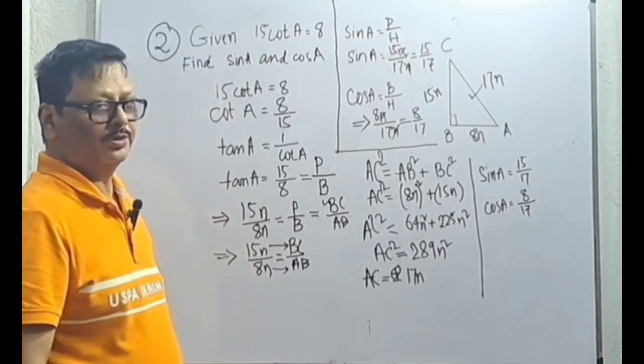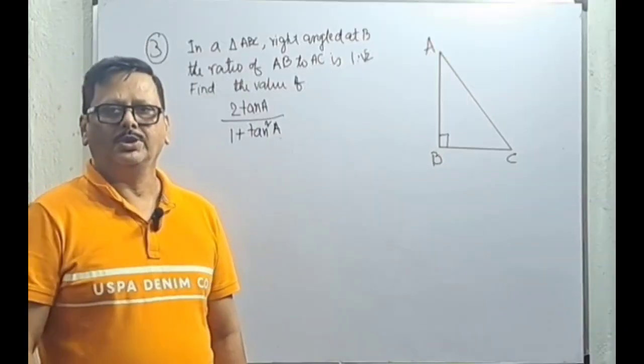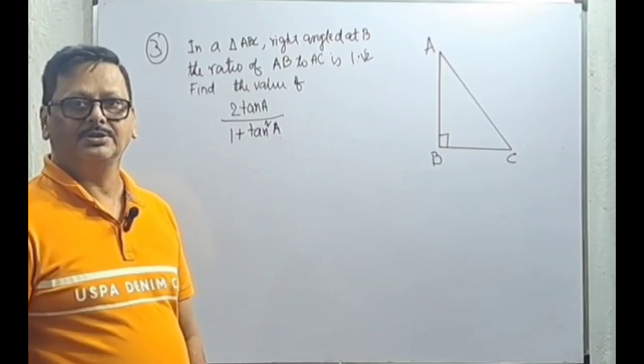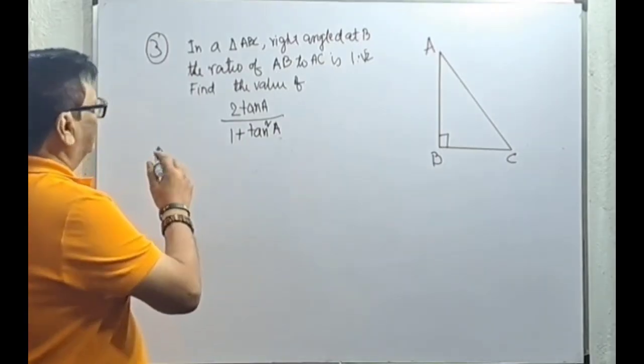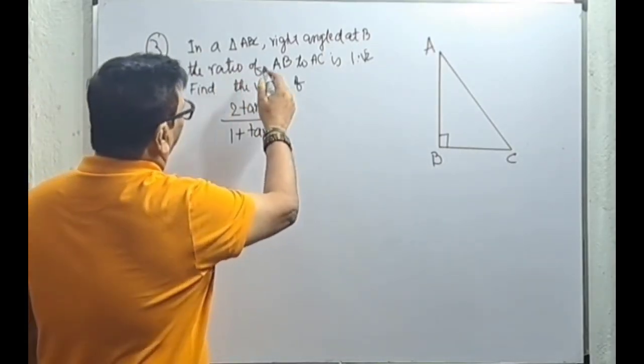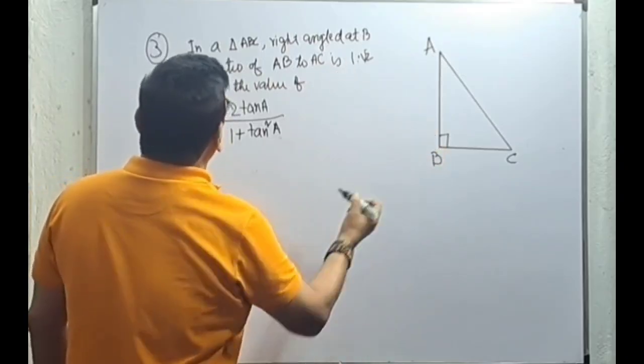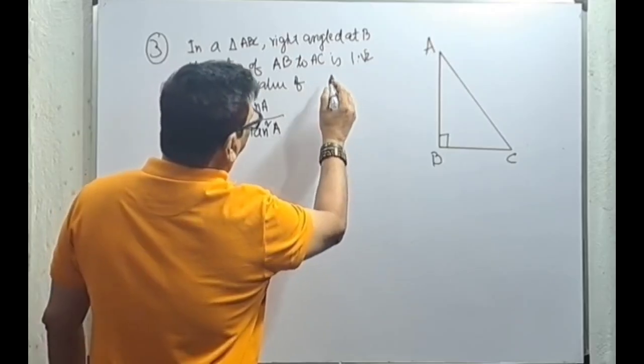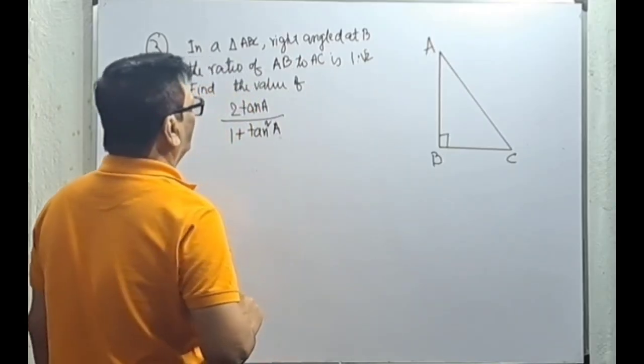So now we move on to question number 3. See, it also looks innocent, not a monster. It says, in a triangle ABC, right angled at B, the ratio of side AB to AC is 1:√2.